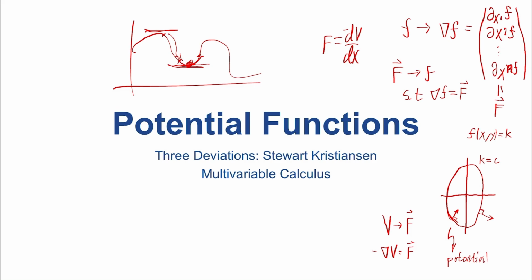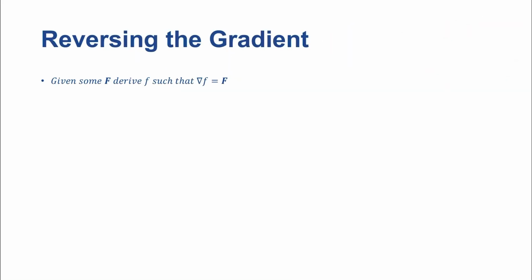We want to look at the process of going from a force over to a potential. Obviously, for a single variable case, that's easy. It's an integral. But we need to examine a process for reversing the gradient, right? So given some force field F, derive some potential function such that the gradient of that function is F. And there's a uniqueness theorem here that says that if I can find some function such that its gradient is equal to the force field, then this is the only function it can be, up to some additive constant.